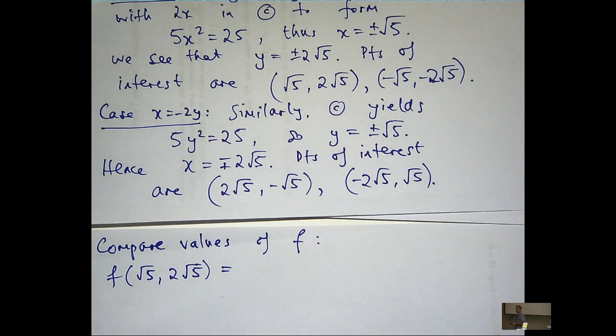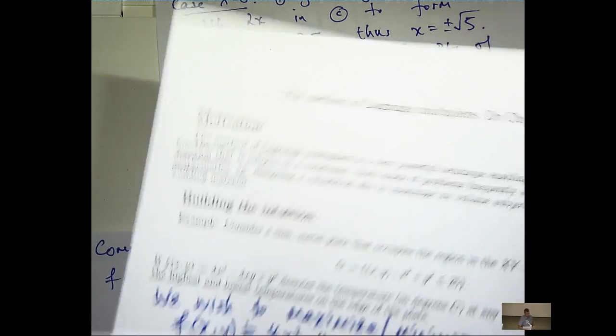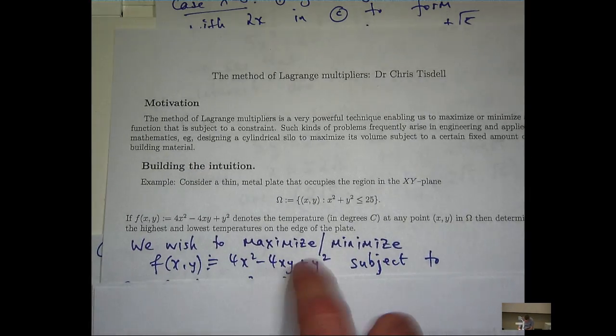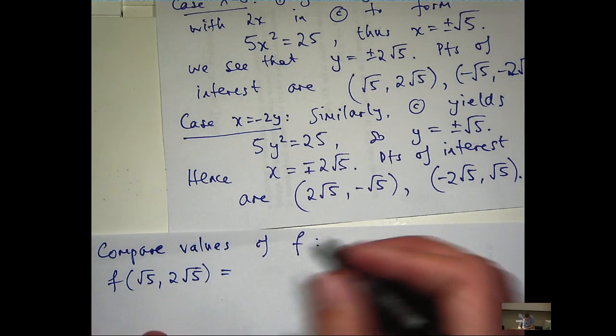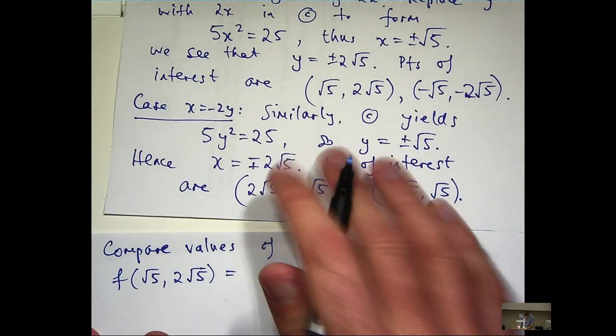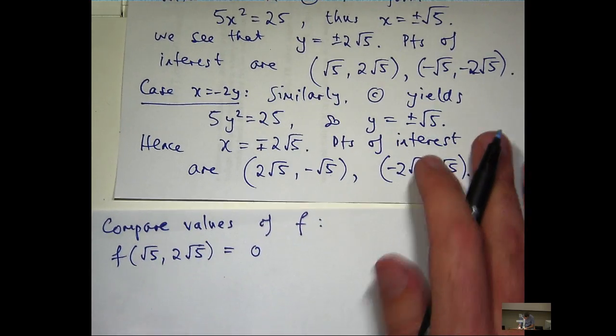All right. Now, our F is just here. So let's plug in and see what we get. So if I plug in this point, I should get something like 0. I'll let you do the calculations for this one.